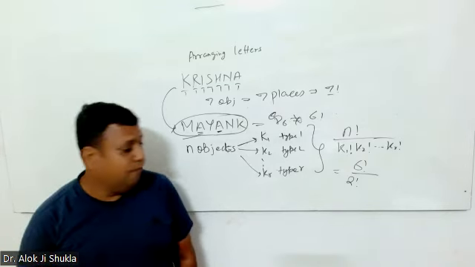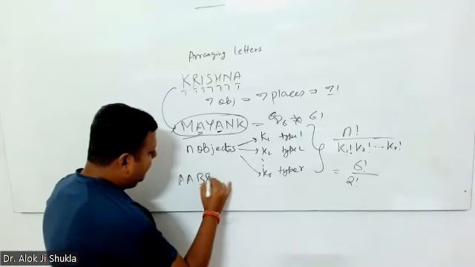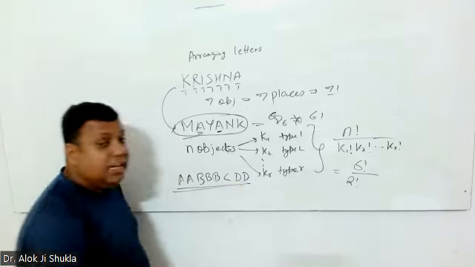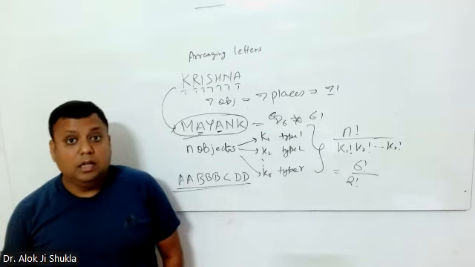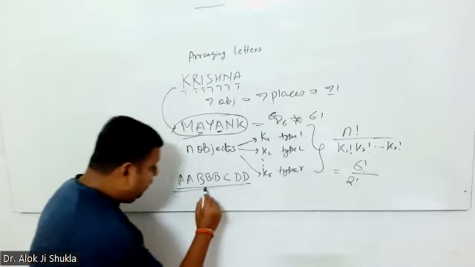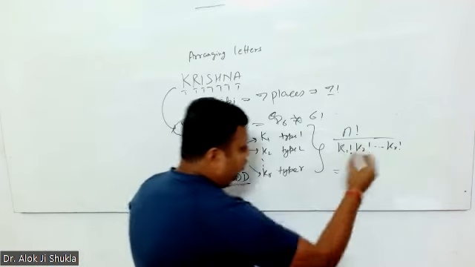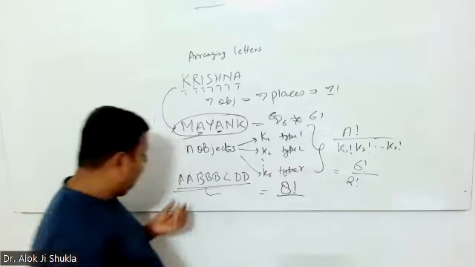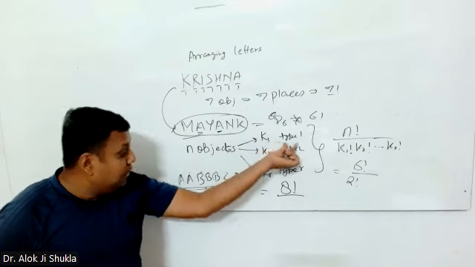But instead of Mayank, suppose my word was something like A, B, B, B, C, D, D. Then when I arrange this combination of alphabet, the number of ways will be 1, 2, 3, 4, 5, 6, 7, 8. So 8 factorial ways, out of which there are 2 objects of type 1.